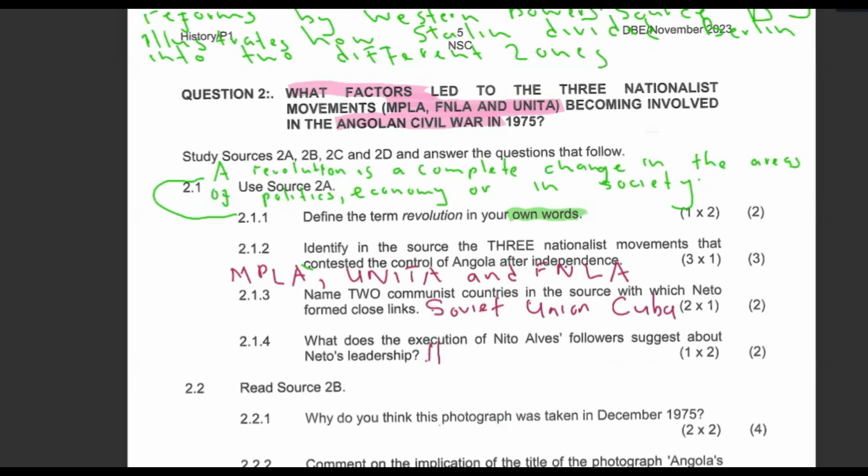He was a ruthless leader who did not show mercy. In addition to that, you can also say that he was a tyrant.